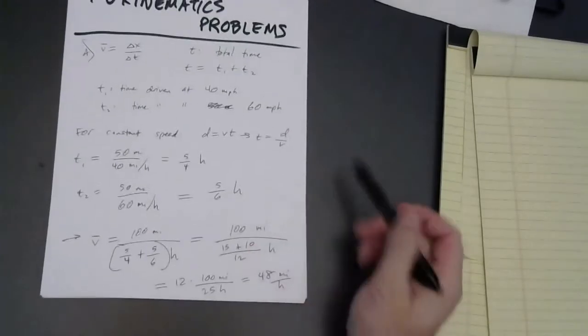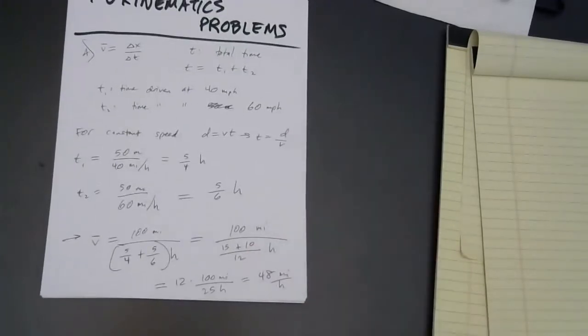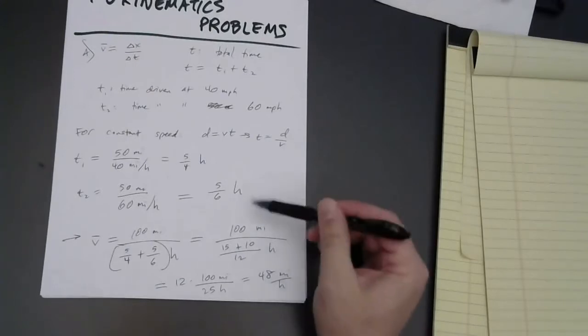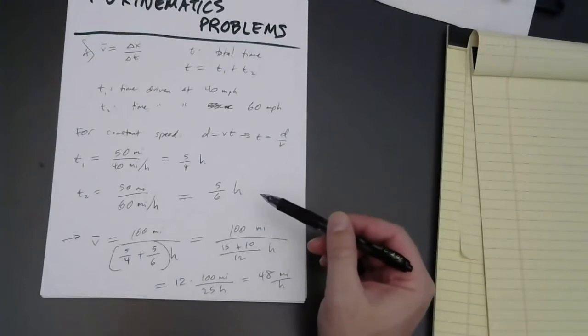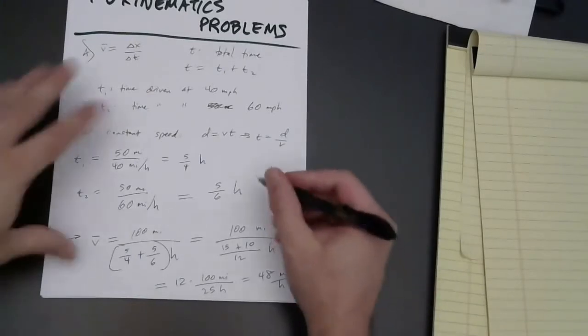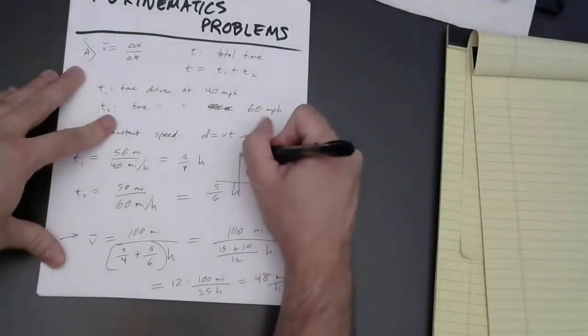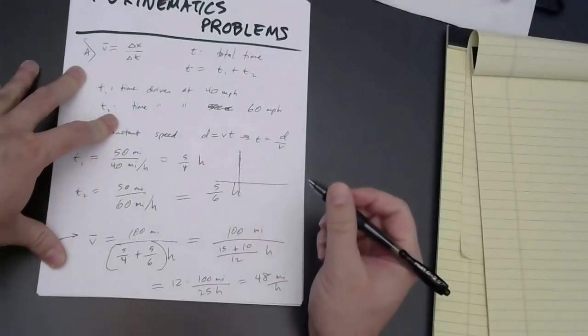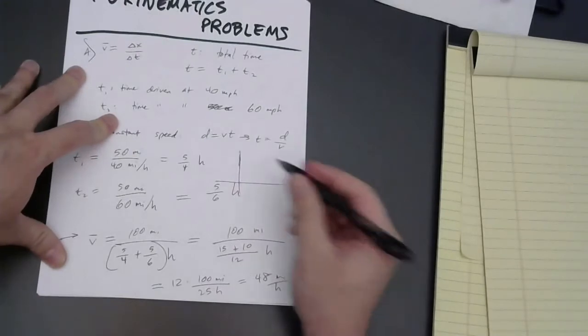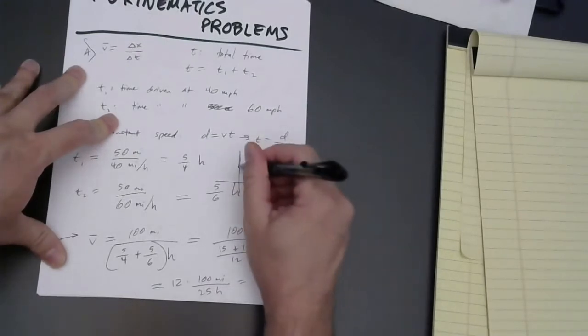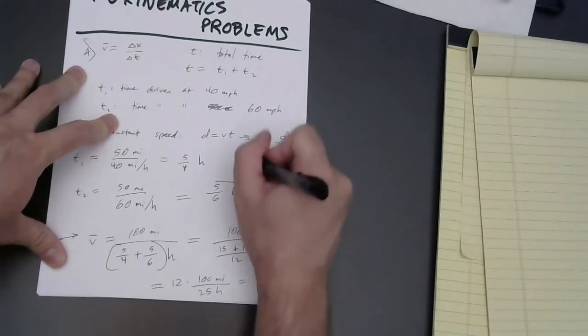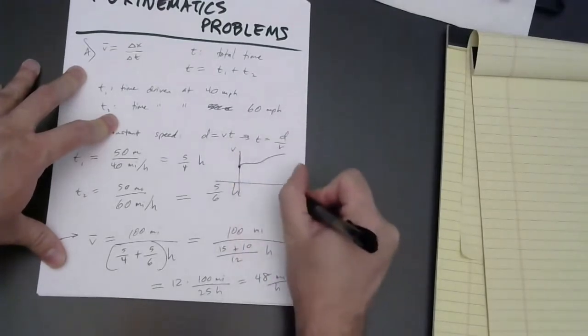If you had thought, well, half the distance at 40, half at 60, the average speed must just be the number right in the middle. That's no good here, because if you look back at a previous video, I talked about how if you look at a plot of, what was it, velocity versus time? Yeah. Here's an arbitrary plot of velocity versus time.